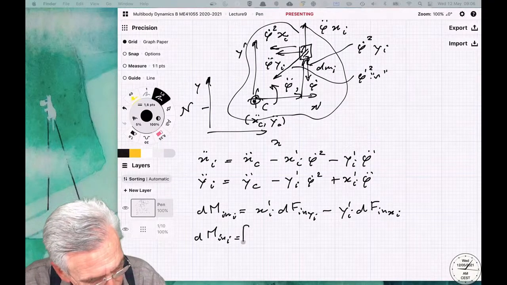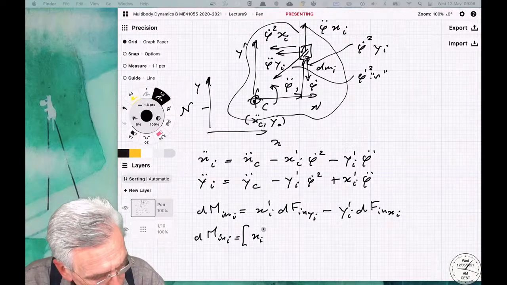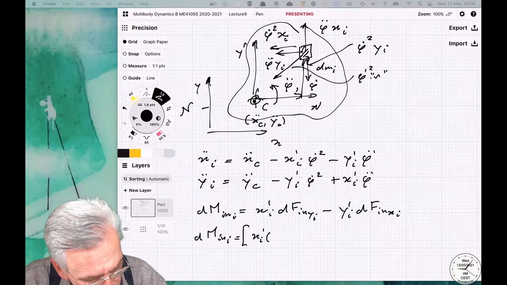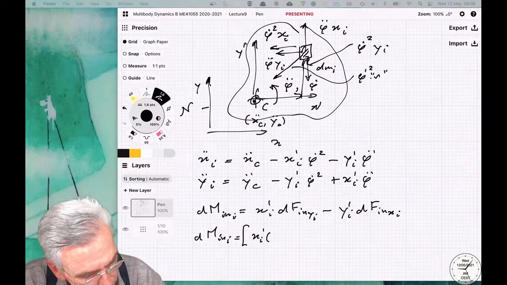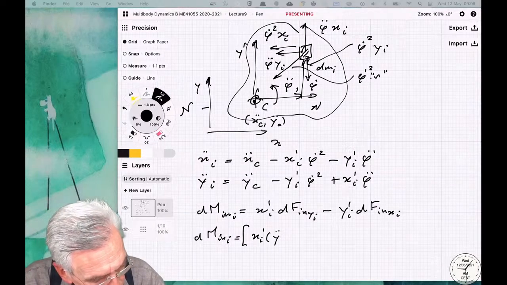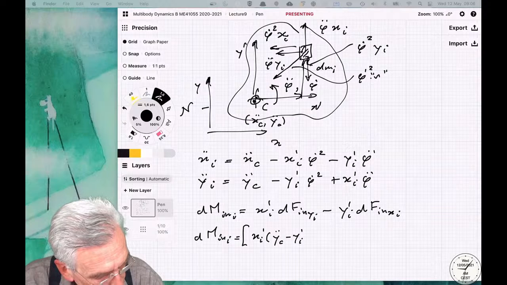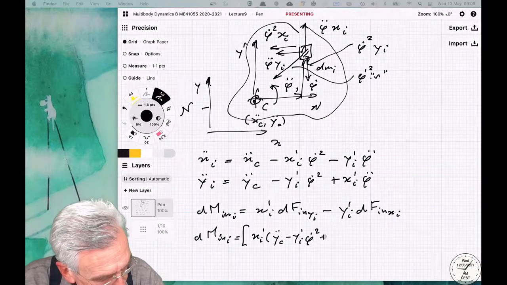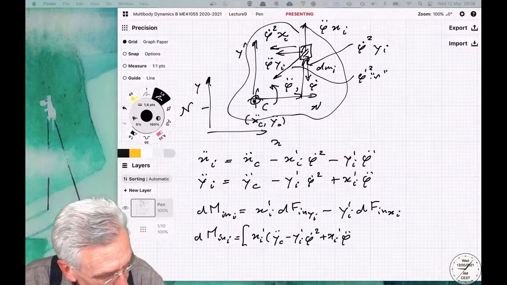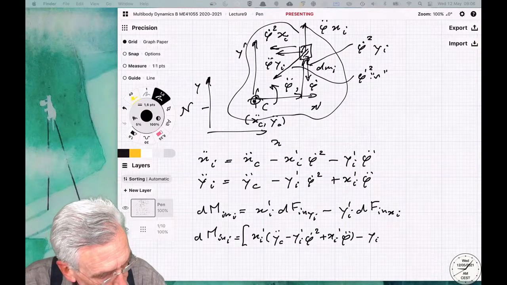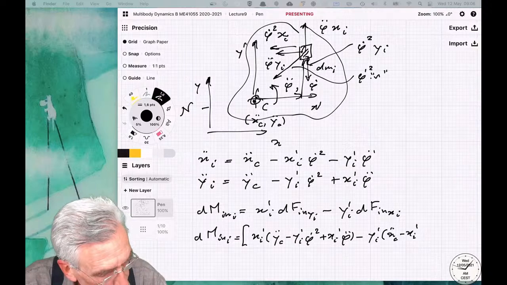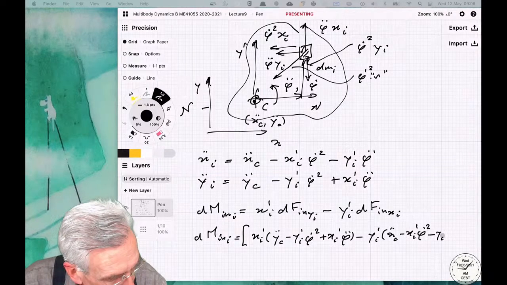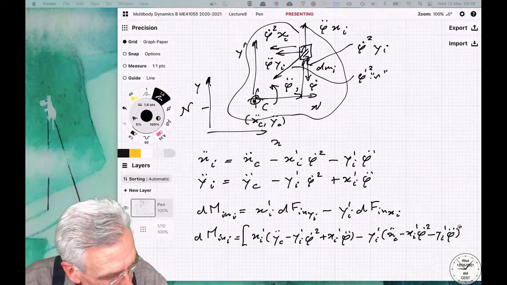We get xi prime times, and of course I have to put dm, but for now I forget that, the y acceleration: y double dot c minus y prime I phi dot squared plus xi prime phi double dot, and then minus the one in the y direction times the x term: x double dot c minus x I prime phi dot squared minus y I prime phi double dot, and everything times dmi.